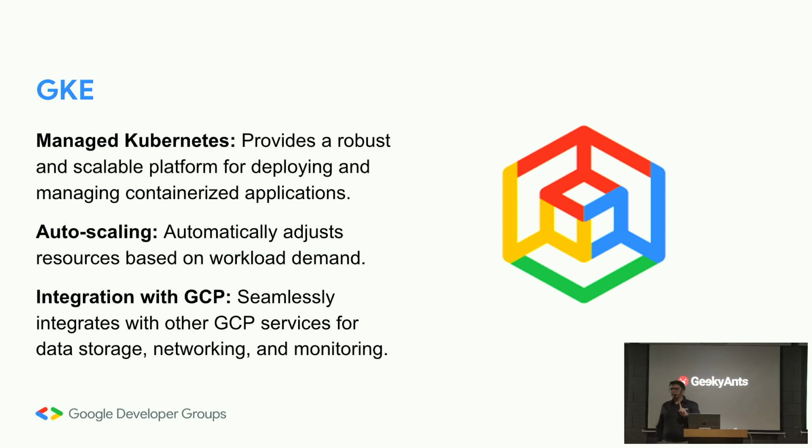So number one, GKE. Now the reason why we are talking about AI with GKE is that we all understand that AI is going to require a lot of compute. Agree or disagree? Agree. Okay.